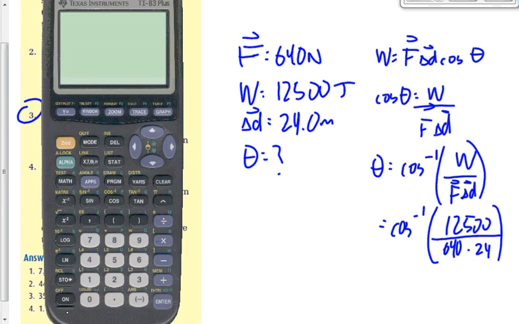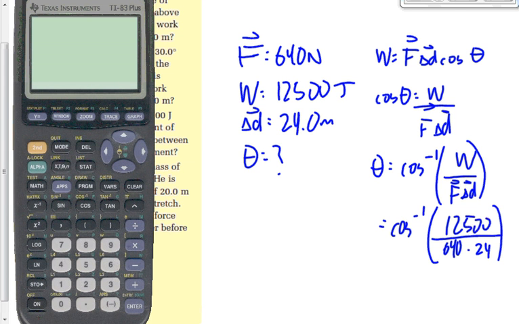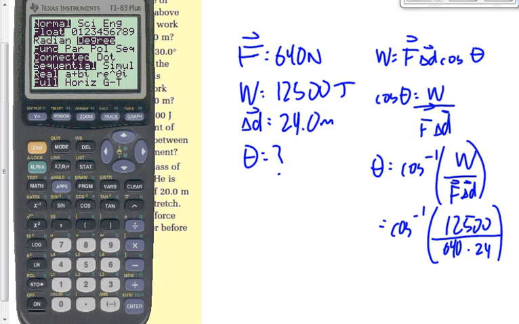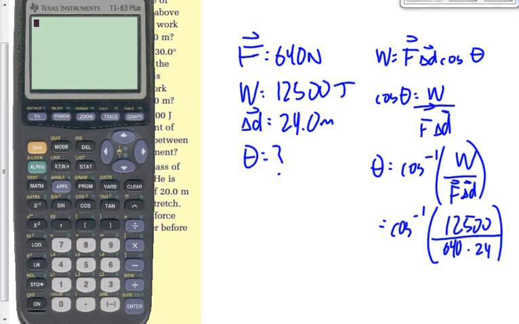First of all, when you're dealing with an angle at all, we should just make sure that we're in degree mode. Okay, it says degree mode up there, so that's good. Let's say second function cos, inverse cos, bracket 12,500 divided by, let's use some brackets on the bottom as well so we can multiply those two numbers together. Bracket 640 times 24.